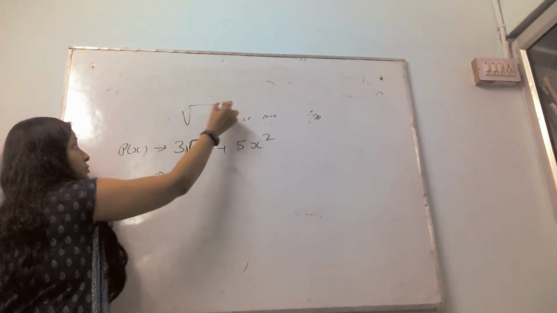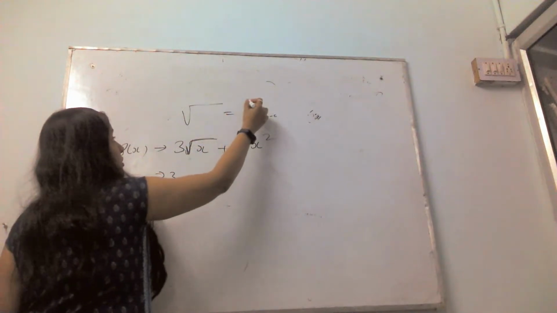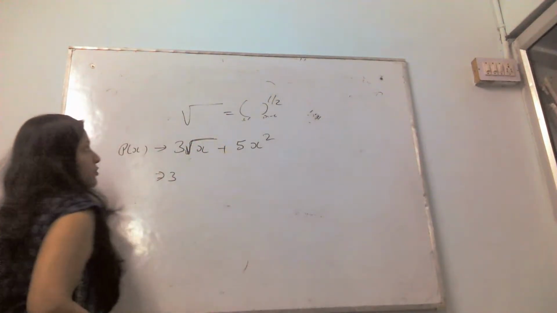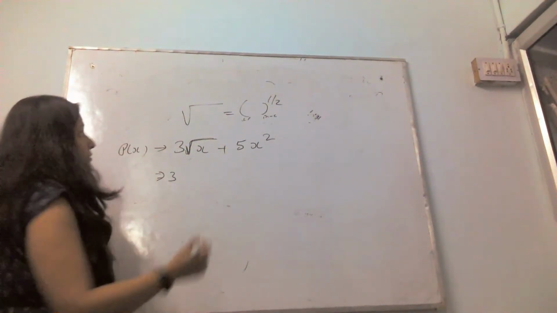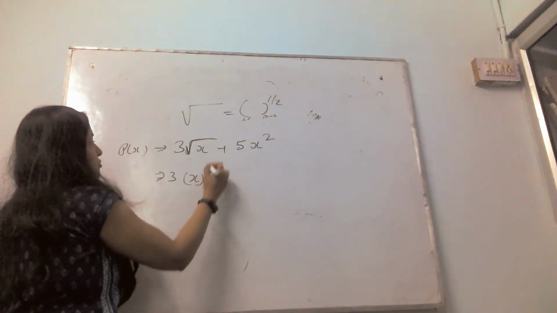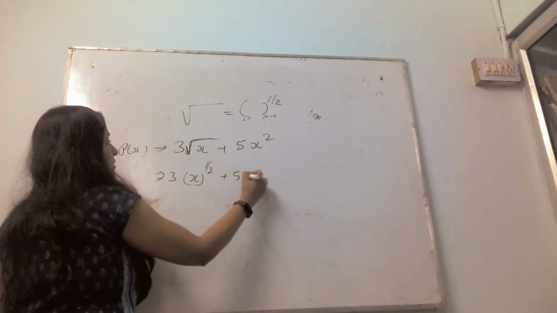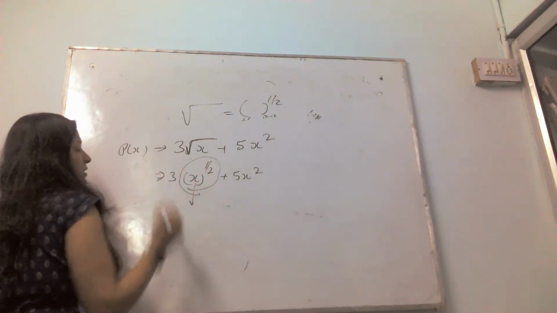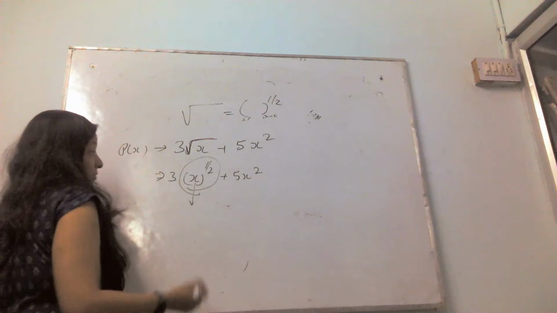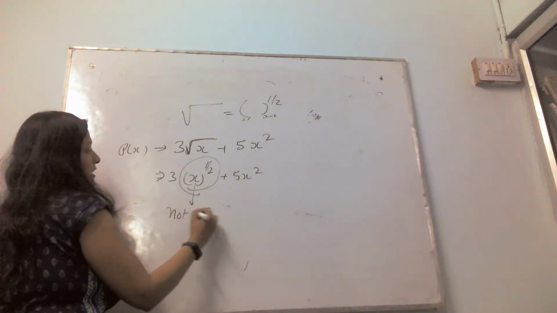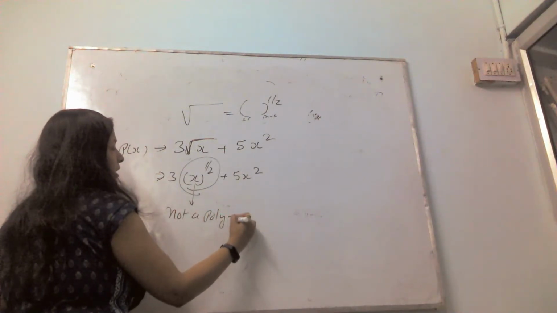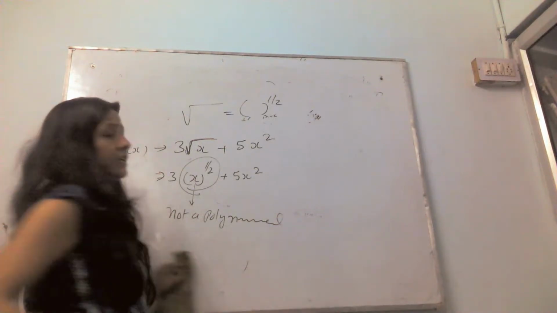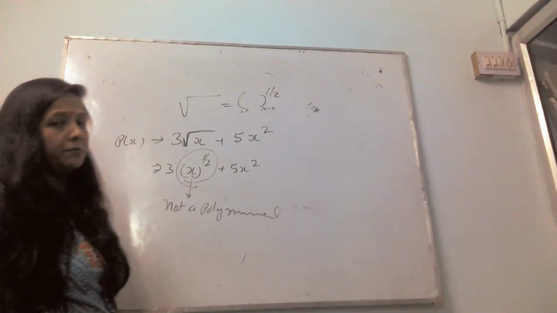It is the sign of square root, and square root denotes the power half. That means it is x to the power 1 by 2 plus 5x square. What does it mean? Again, the power is in fraction, therefore it is not a polynomial.